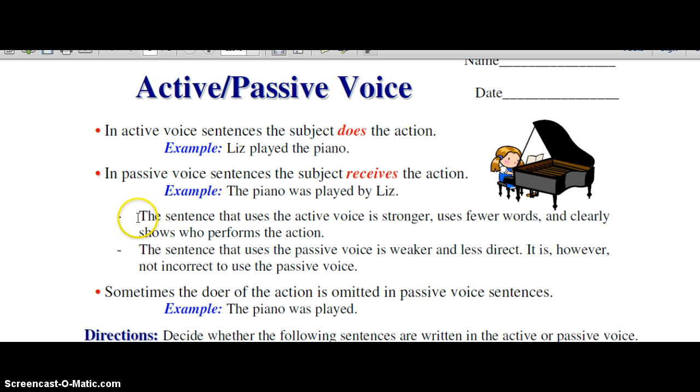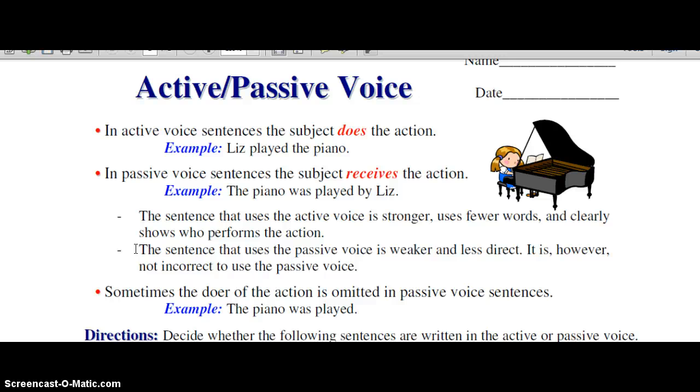So the sentence that uses the active voice is considered to be stronger. It oftentimes uses fewer words and it clearly shows who performs the action, the subject. The sentence that uses the passive voice, though, is considered to be a little bit on the weaker side. It tends to be less direct.